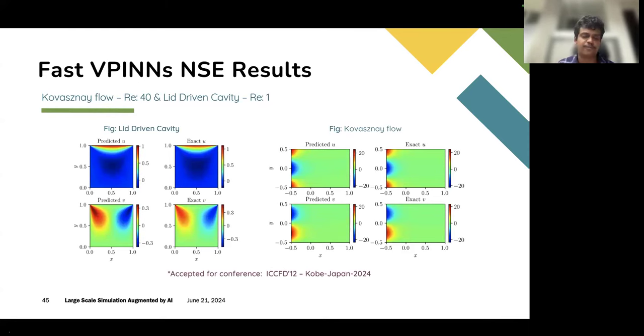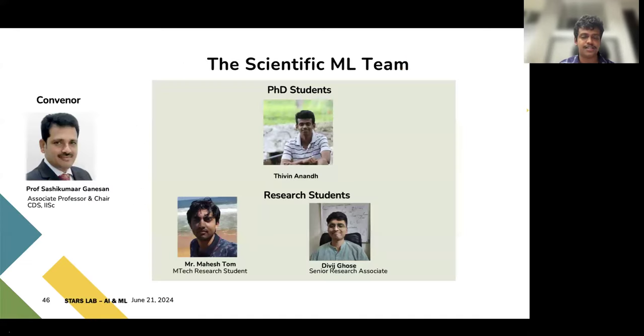We had solved Burgers in 2D for a vector-valued case. Then, just to give a proof of concept that we can proceed in this direction, we decided to solve Kovasznay flow and lid-driven cavity, and we were able to achieve these results.